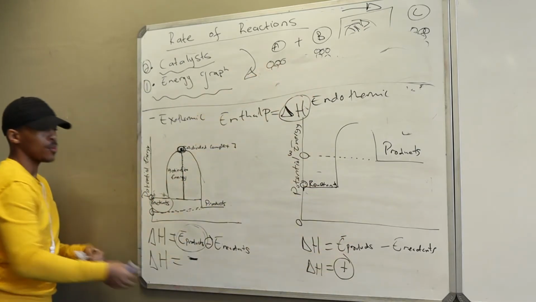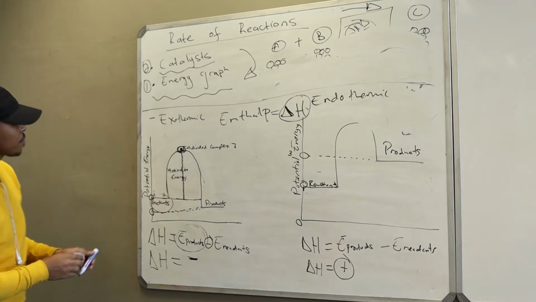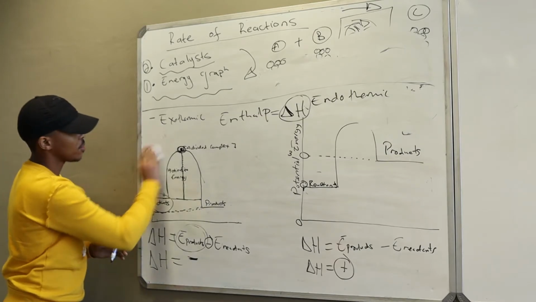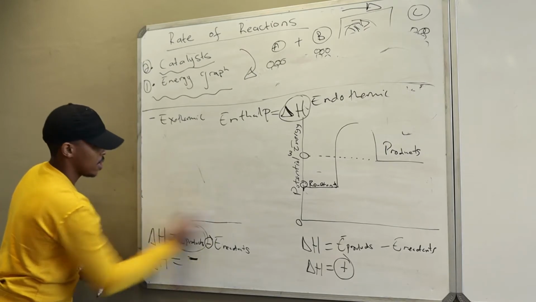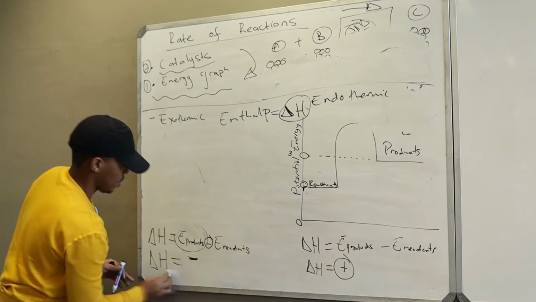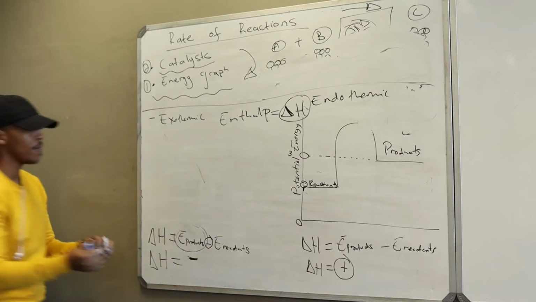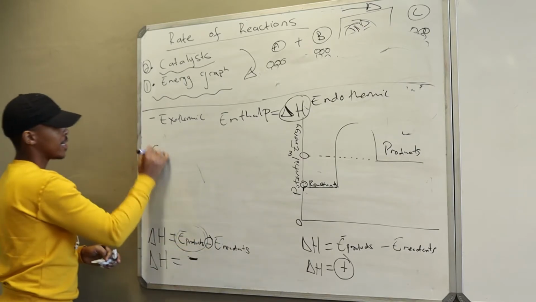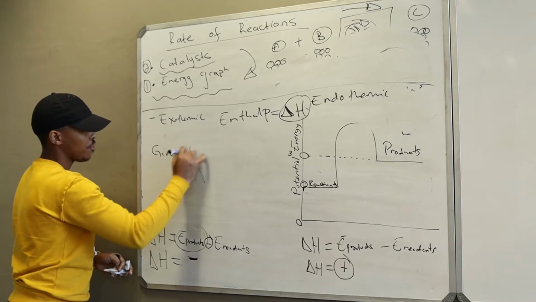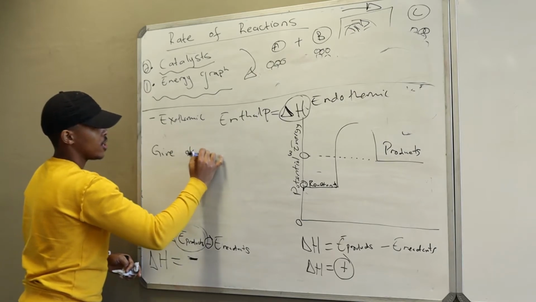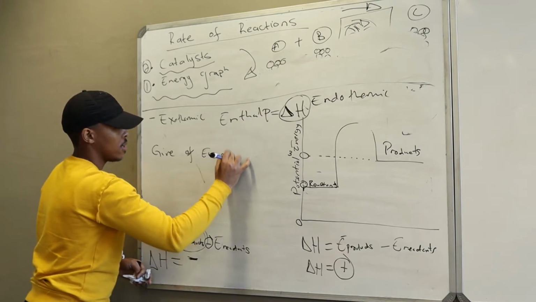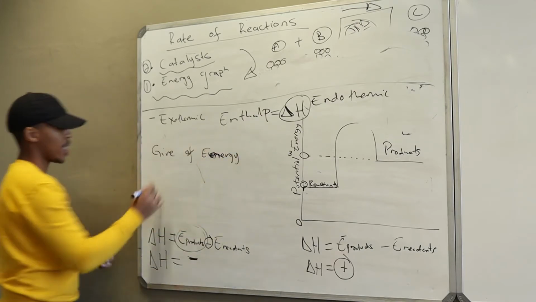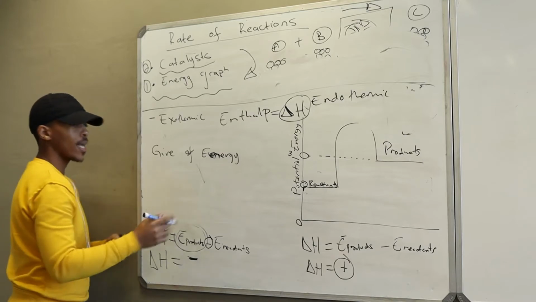Now what does that mean when you're doing a physical chemical reaction? This means when you're doing a physical chemical reaction, your reaction will actually give off energy, okay, energy to release a spark. It's like oxidizing magnesium.